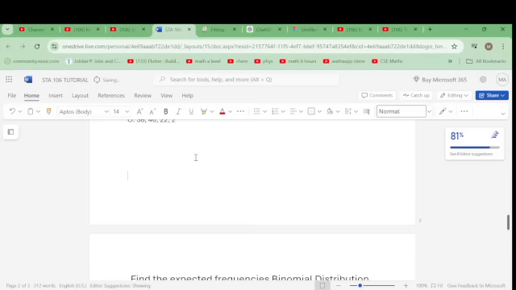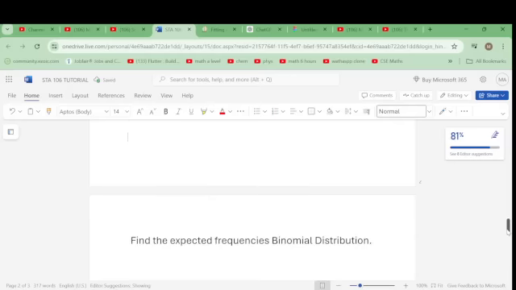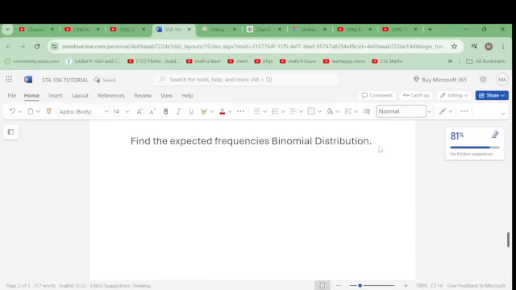So now, how do you find the expected frequency for a binomial distribution? How do you find it? We said other steps are the same for all of them, but when your question is a binomial distribution, how do you find the distribution?